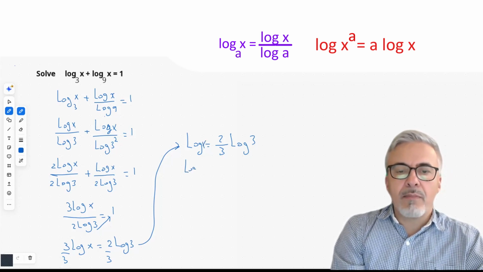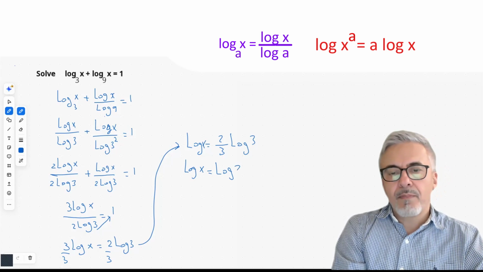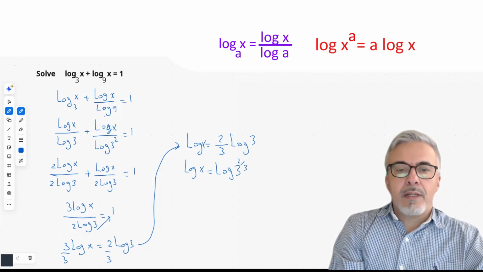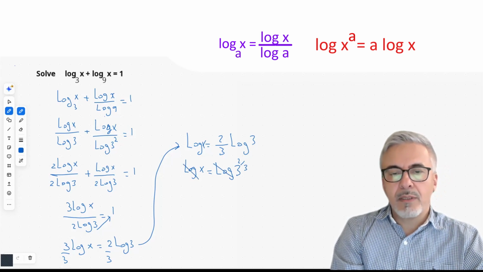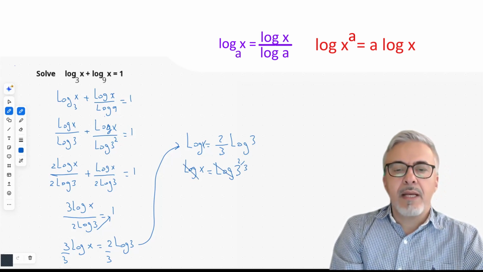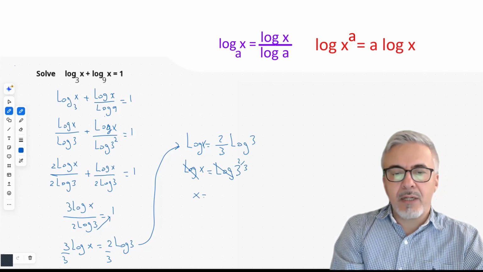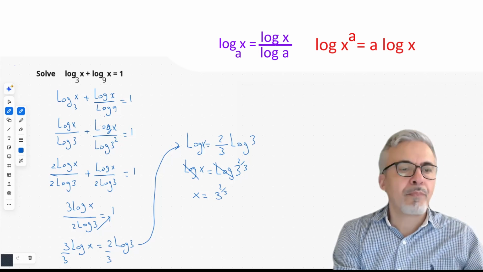So that's log x equals log 3 to the 2/3. Now, since we have a log here, we could cancel the logs since they're both base 10. And now we have x equals 3 to the power of 2/3, and that's your answer.